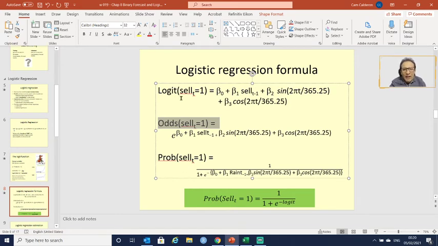All right, so we have now the odds, and we have that the probability of cell equal 1 is 1 divided by 1 plus the exponential of the same function, which are the odds, right? 1 divided by 1 plus the odds. Remember, guys, that we covered that in our previous equation.